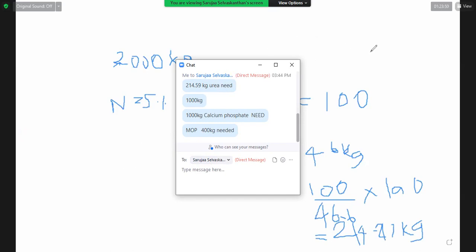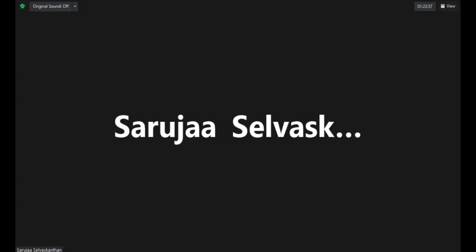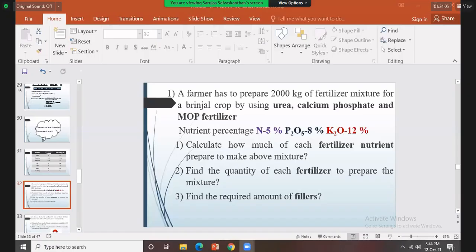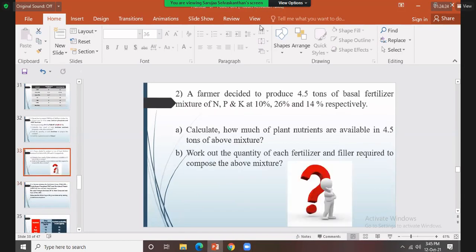I again explain this calculation next day because we have a lot of calculation. 4 or 5. These are the combo for your written exam. That's why I teach more. Okay, then quickly you want to take the screenshot. This one also you want to find out. After that I will teach. Okay, this one finish.